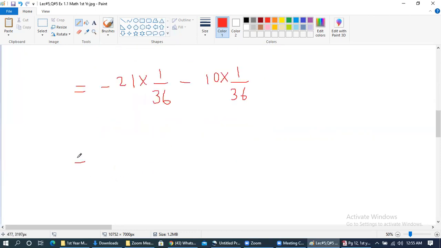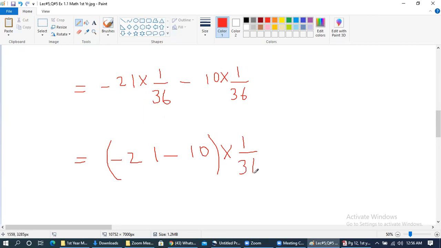Now you can see here that 1 by 36 is common, and we'll be using the distributive property. Since 1 by 36 is written on the right side of both of these, this will be followed by the right distributive property. So this is minus 21 minus 10 and 1 by 36, because 1 by 36 is going to be multiplied with both of these.